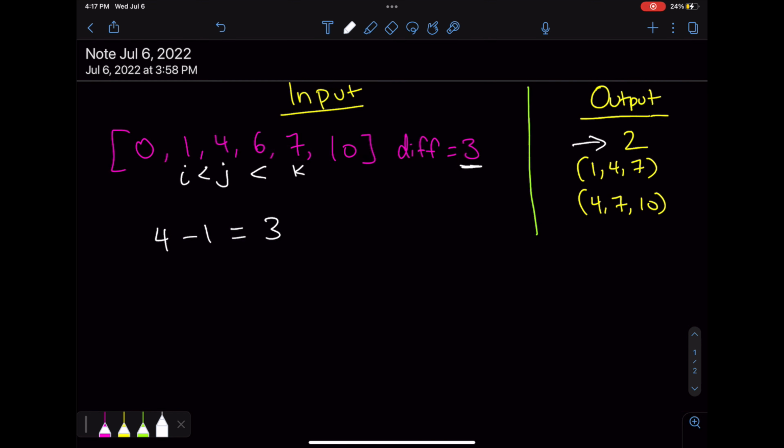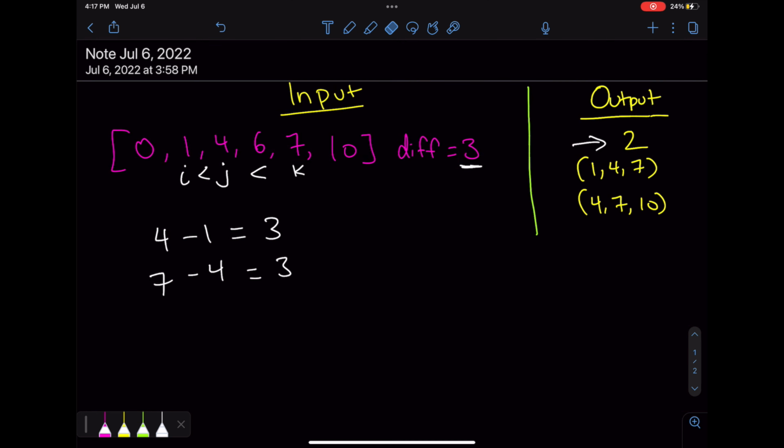And also the number at k minus the number at j, where k is 7 and j is 4, equals the difference as well. So we need to find as many triplets that fit this criteria to output back to our interviewer, or I guess in this case LeetCode.